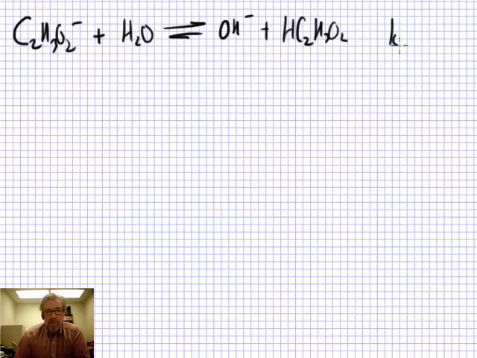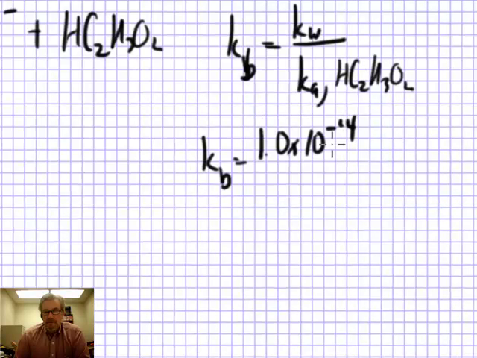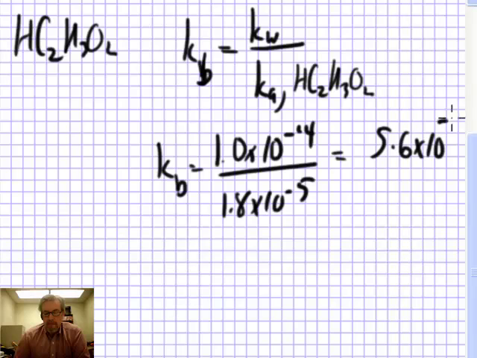Kb for this reaction is going to be equal to Kw divided by the Ka for the conjugate acid, which we just had in the last problem. So Kb here is 1 times 10 to the negative 14 divided by 1.8 times 10 to the minus 5. And that turns out to be 5.6 times 10 to the minus 10.